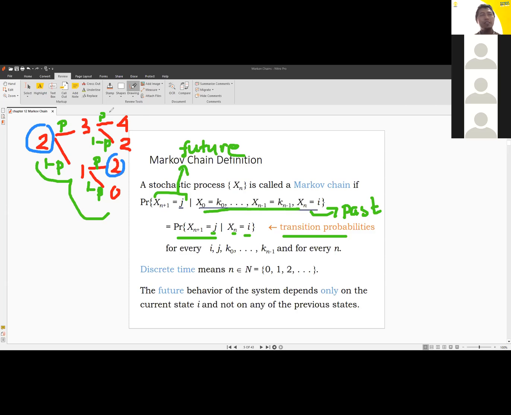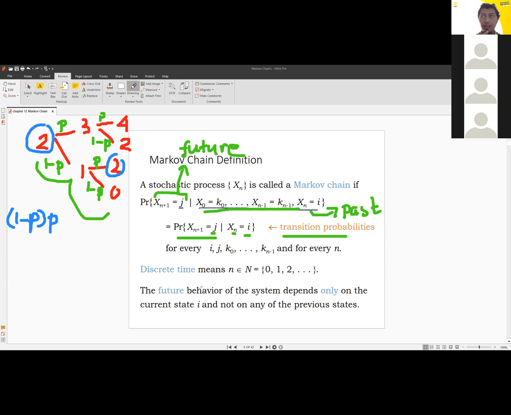You can see here, after 2 becomes 2 again, the probability is simply 1 minus p multiplied by p. It's a kind of chain. This is a Markov chain.